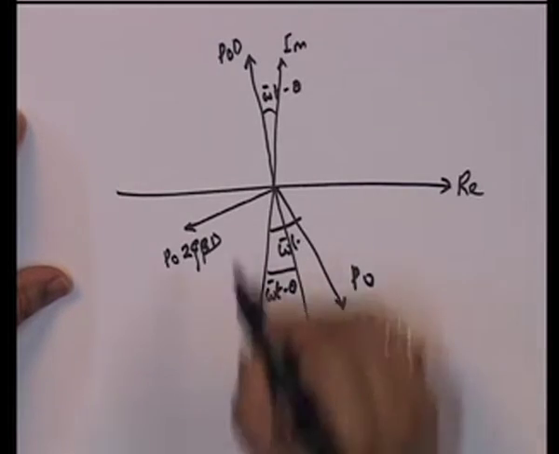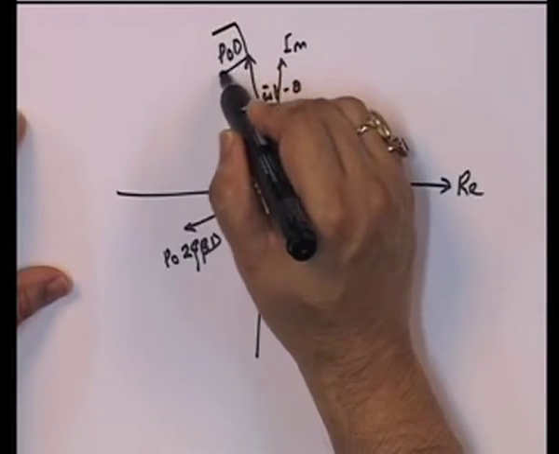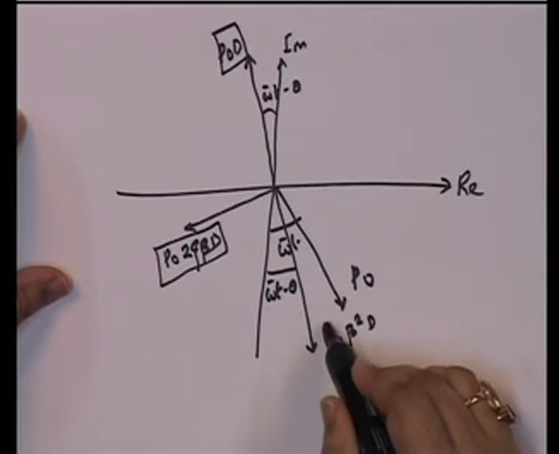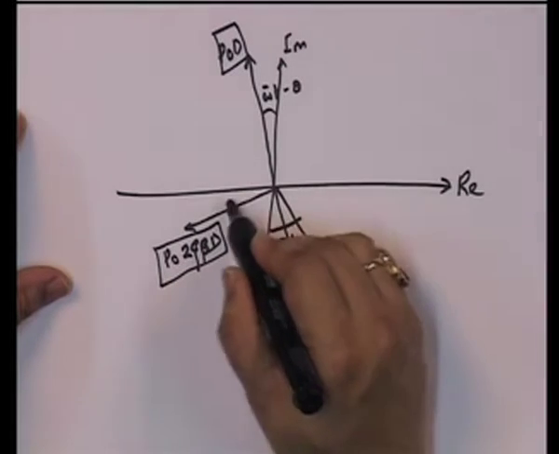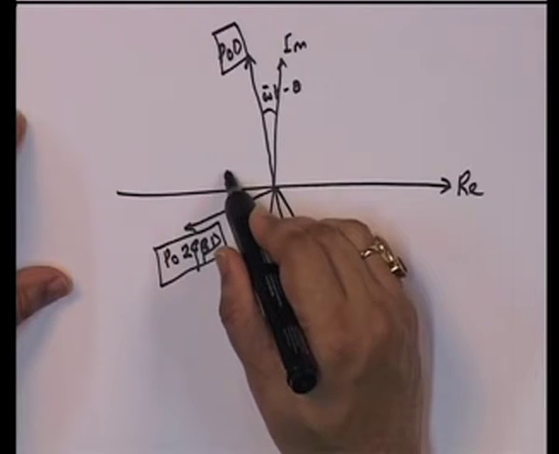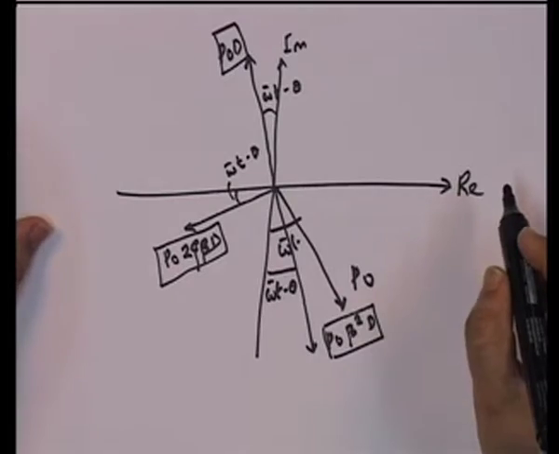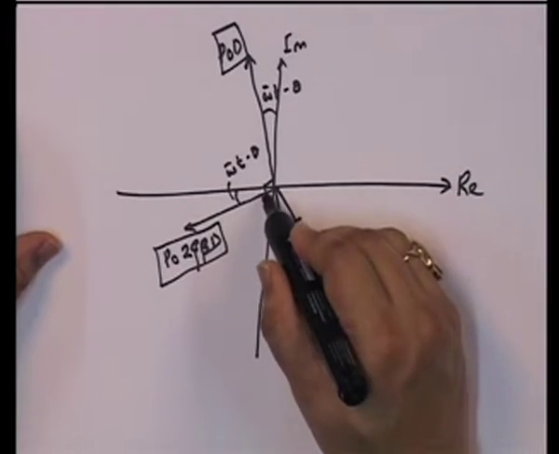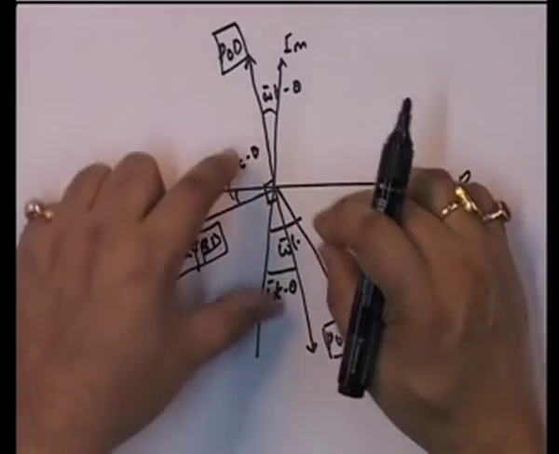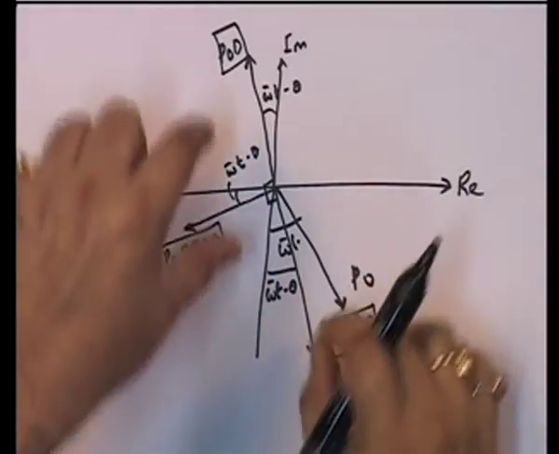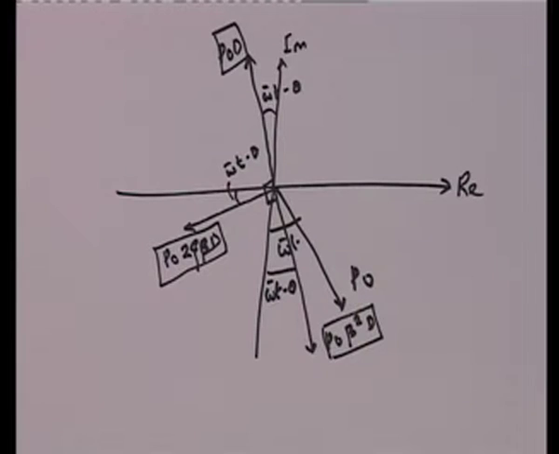These values that I am writing are all the magnitudes of the vectors, and the directions of the vectors are given by this. Okay? And as I explained, these are 90 degrees to each other, and these three balance out P naught. Okay?